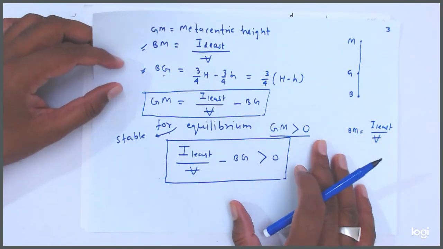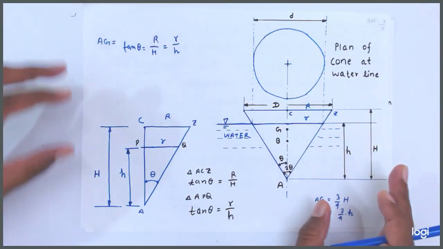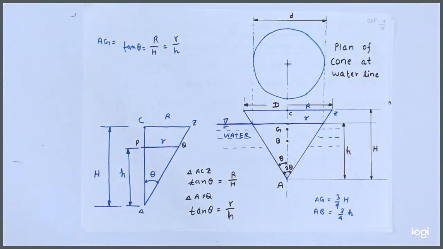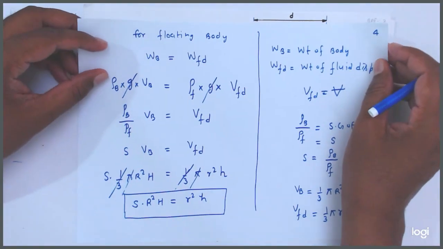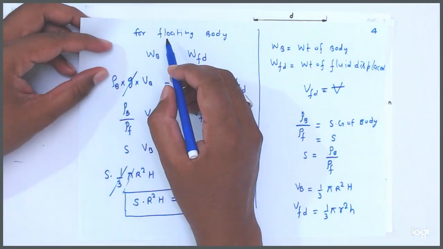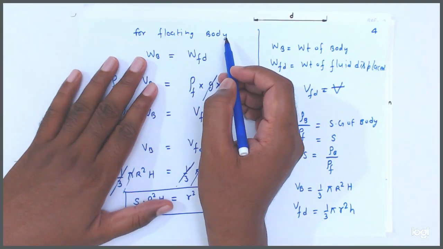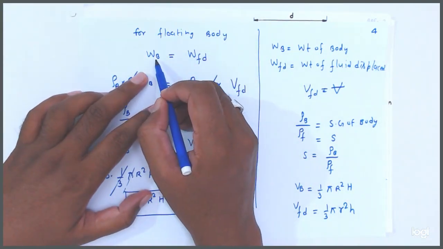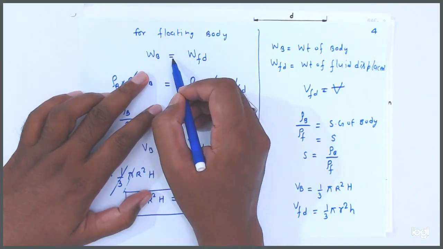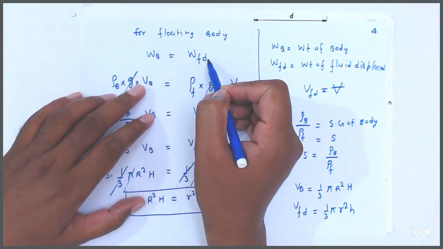Now friends, let us solve this. Now we know that for a floating body, weight of body is equal to weight of fluid displaced.